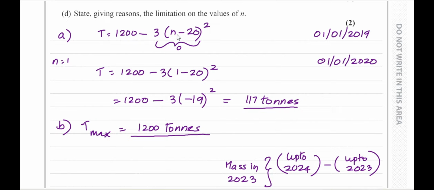Therefore, when n here becomes 21, this will become 21 minus 20, which is positive. Therefore, the total mass that can be mined in 21 years will be less than that was mined in 20 years, which is not correct, because after 20 years, the total mass cannot go on decreasing, but as per the model, it shows that it will be decreasing. So that's what we have to bring out in our answer.